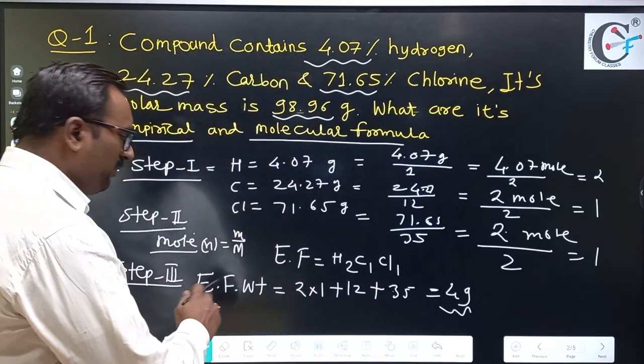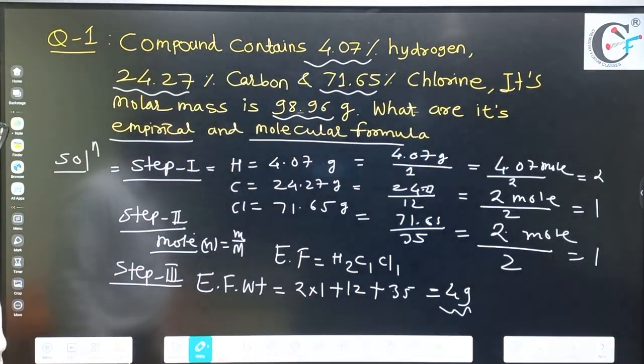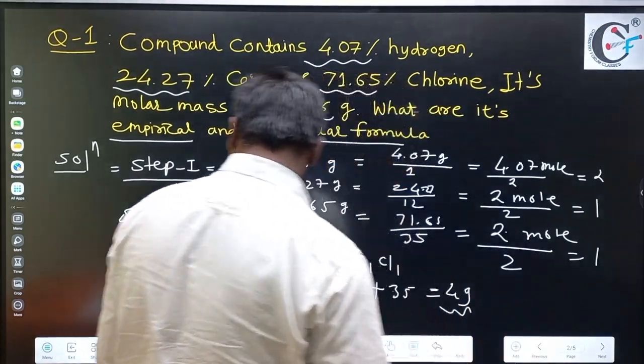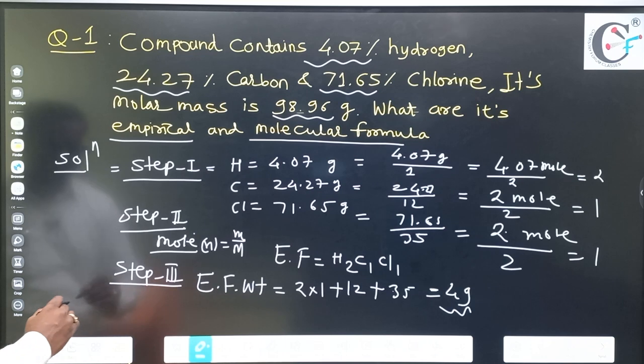Now if the empirical formula weight is 49, then how to calculate the molecular formula?